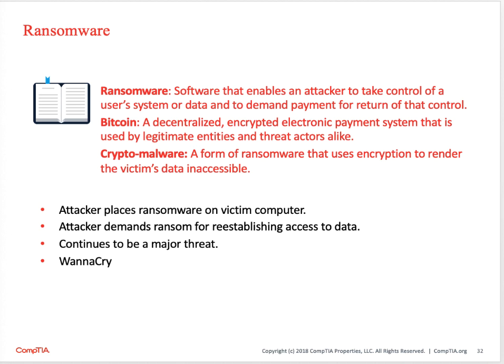Bitcoin is a cryptocurrency. It's a decentralized encrypted electronic payment system that is used by legitimate entities and threat actors alike. So it's become very popular in recent years. It started off very cheap, a couple cents a piece of Bitcoin. Now it's several $1,000s a Bitcoin.